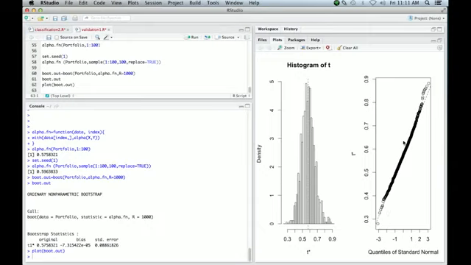And if it lines up on a straight line, like it pretty much does here, you may say it looks close to Gaussian, maybe a slightly bigger tail on the right. So there's the Bootstrap. Very handy way of getting very good, reliable estimates of standard error for nasty statistics.